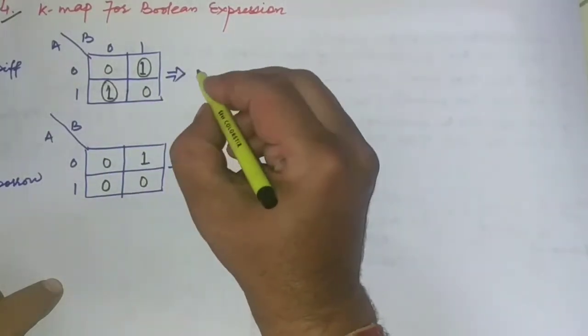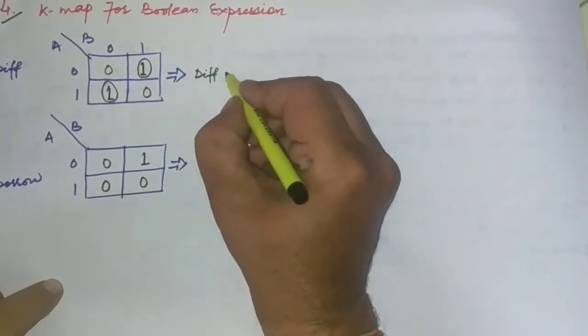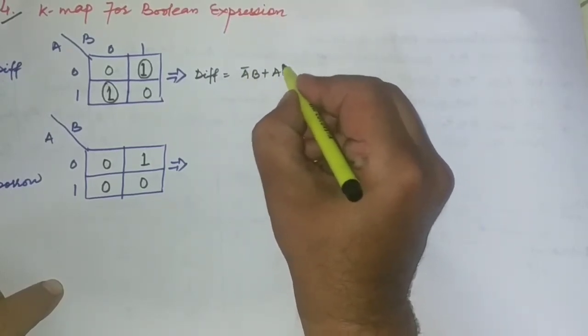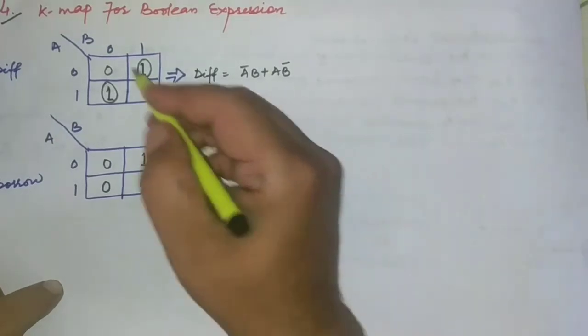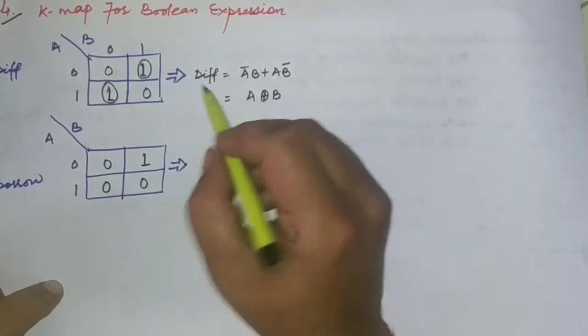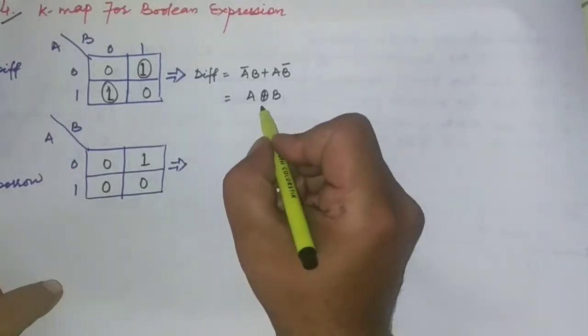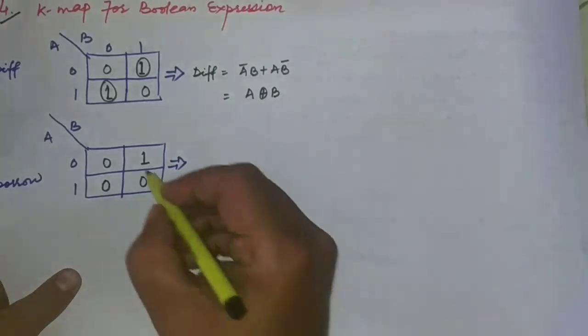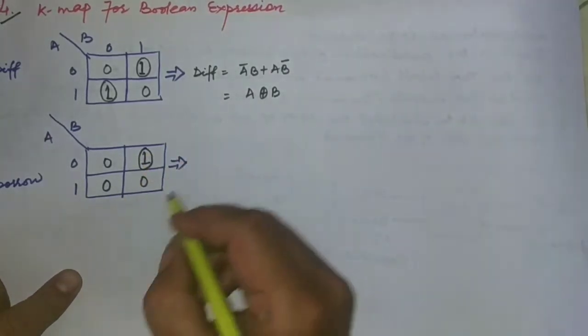So we get here the expression for difference is equal to A bar B plus A B bar, like the half adder. So we know that in the half adder also we got this part as A exclusive OR B, and for borrow only this much.